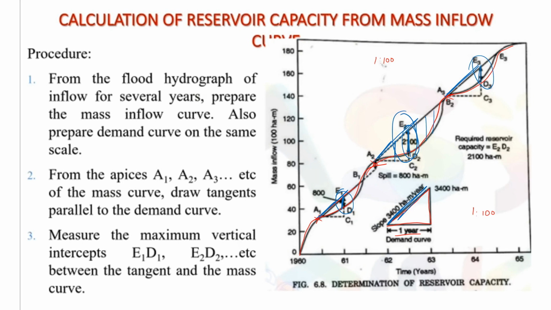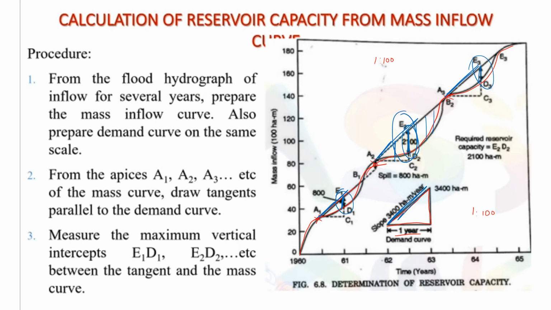So this is all about the calculation of reservoir capacity. I will brief it in a very simple way. The first step is to draw the mass inflow curve from the flood hydrograph. The next step is to prepare a demand curve of the same scale. Next is finding the apex points in the mass inflow curve, and then drawing a tangent through each of these peak points, parallel to the demand curve.